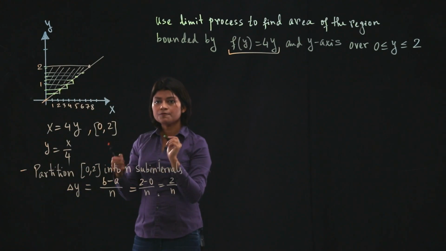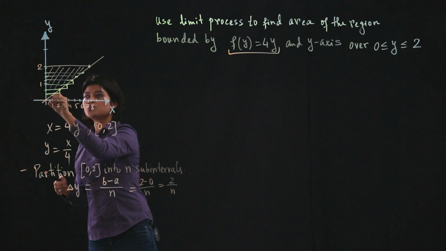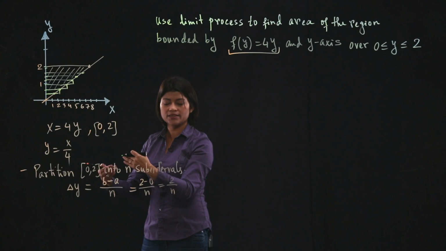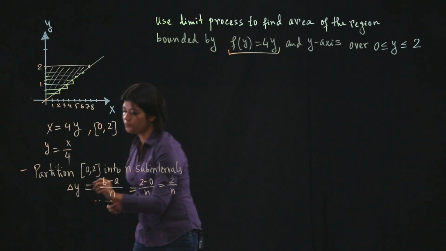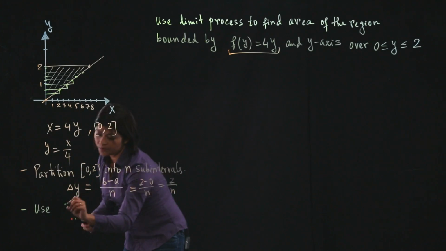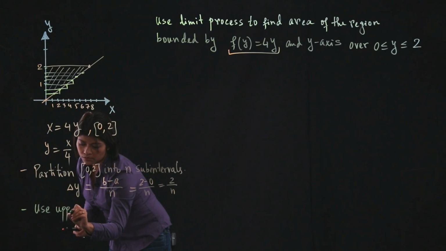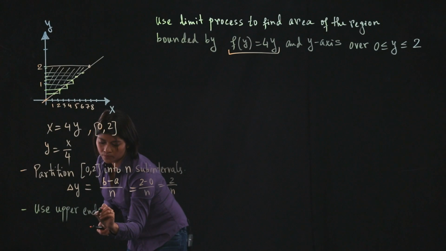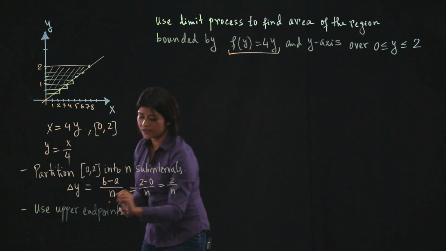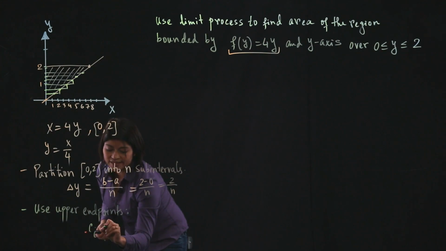So we have to figure out what y values we will plug into the function to get the corresponding length of each rectangle. Let me use upper endpoints. We call them Ci.